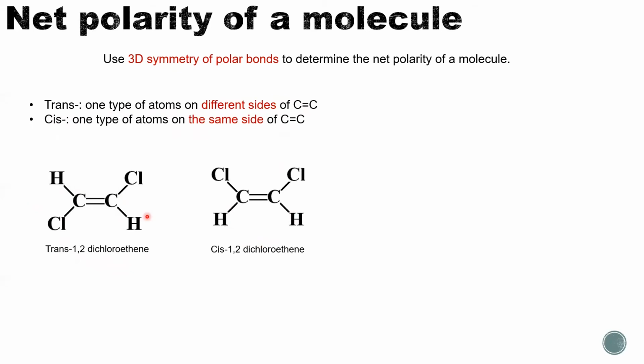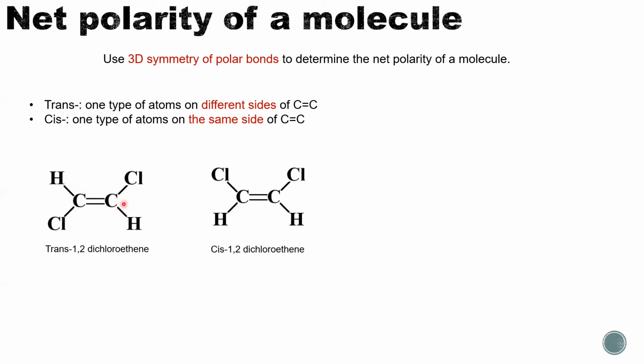Both molecules have a carbon-carbon double bond in the center. Each carbon has 4 bonds, with 2 extra bonds, one pointing up and one pointing down. For the trans molecule, on the left carbon, hydrogen is pointing up and chlorine is pointing down.